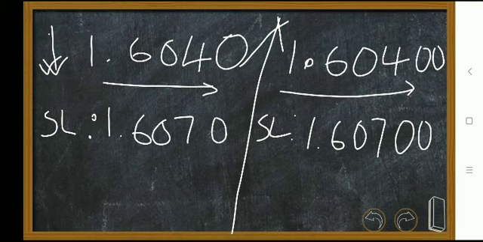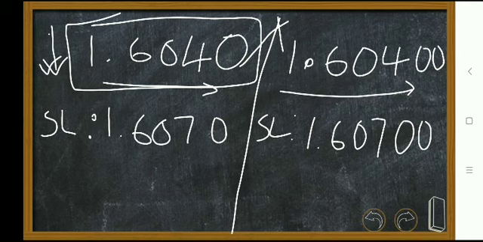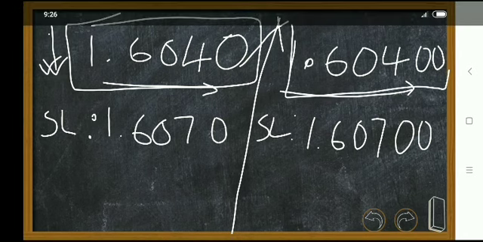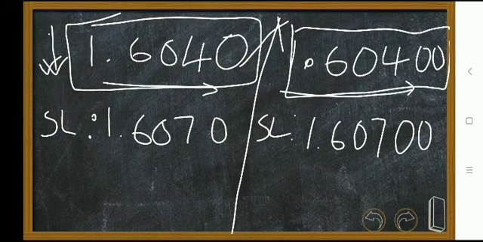Since this is your entry price, we will deduct pips and also points in order to set your price for take profit. We are given a minimum of 60 pips as your take profit, so you will deduct 60 pips from this price and deduct 600 points from this price.